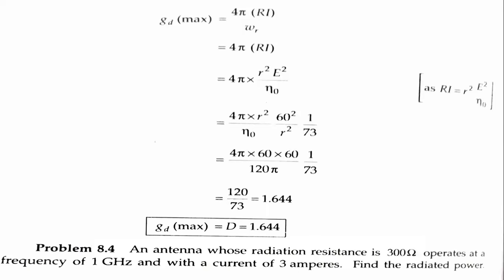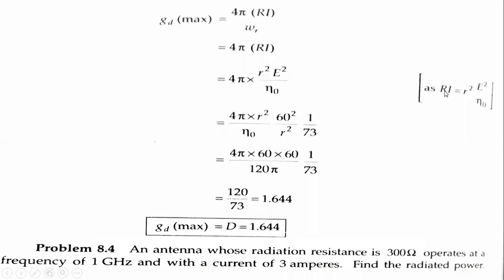Now go for the next, that is the maximum directive gain for this half dipole, which is 4 pi RI by omega. What is RI? Radiation intensity. Omega is nothing but the radiated power, so you can substitute the value. The radiation intensity can be calculated: we know very well it is R square E square divided by eta 0, where eta 0 is the intrinsic impedance of free space.